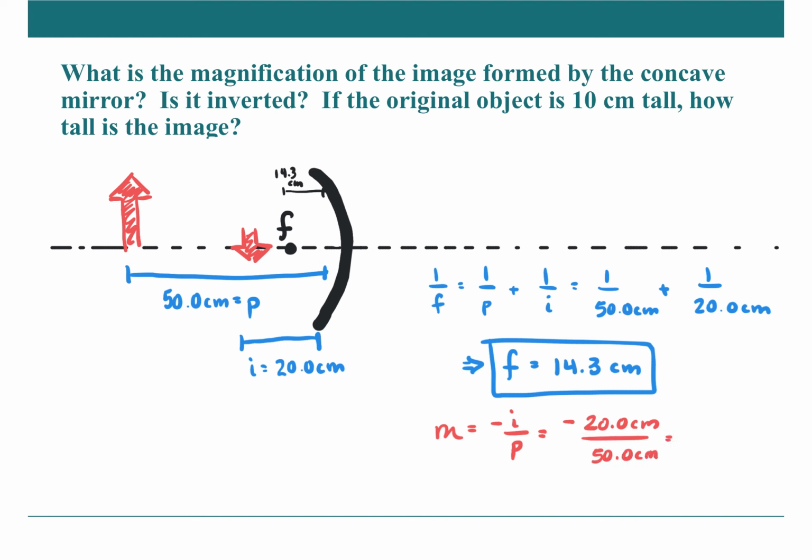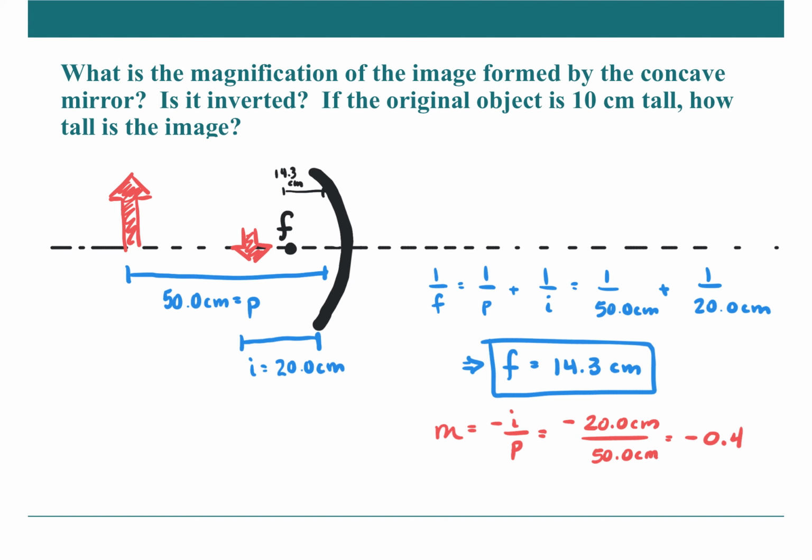We get a negative value as a result, negative 0.4, which means that not only have we shrunk our image compared to our object's size, but we have changed its orientation compared to our original object. We've flipped it around. So now instead of pointing up, our arrow is pointing down.